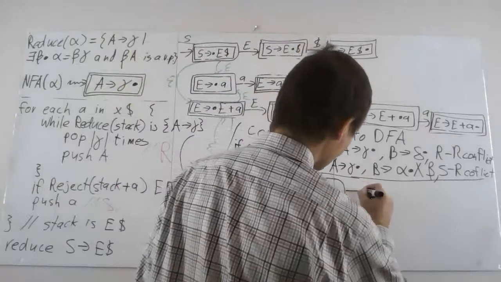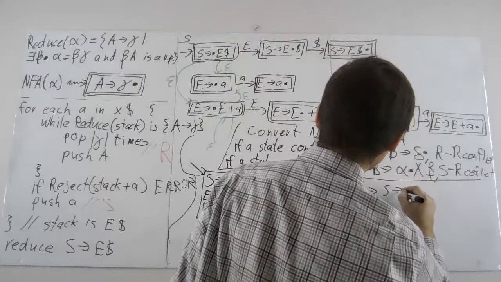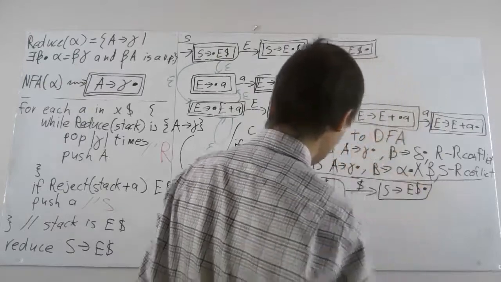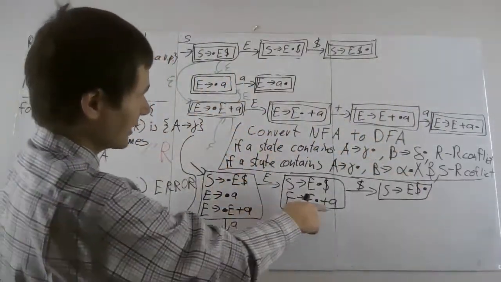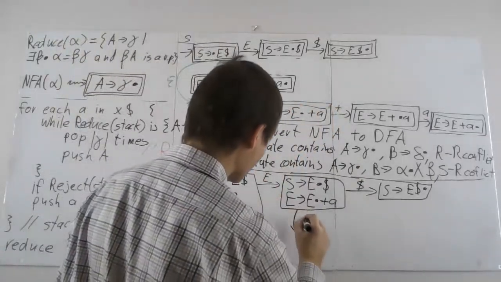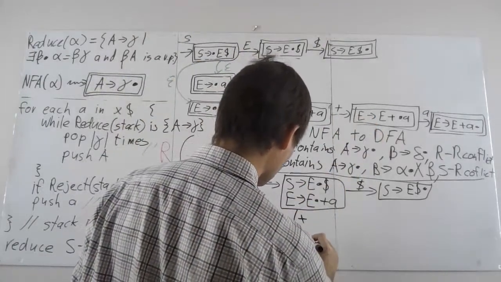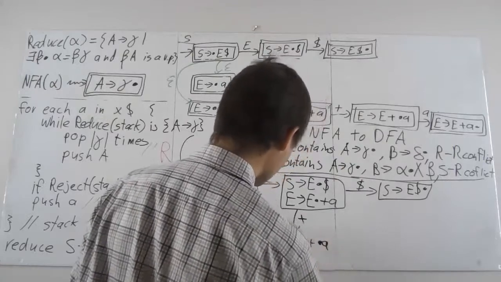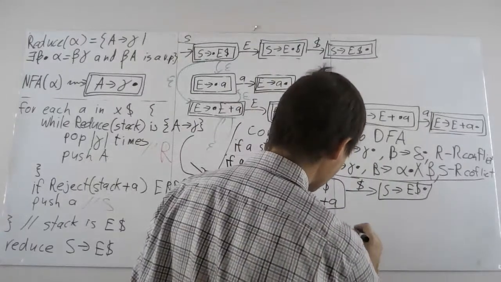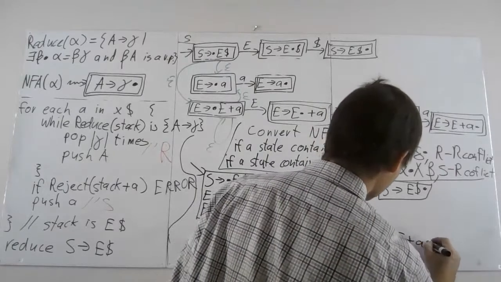If I see a $, there's this transition here that takes me to S goes to E $ dot. And if I'm in this state, I could be here where there's a plus. So a plus would take me to E goes to E plus dot A. Then finally from here, I might see an A and go to E plus A dot.